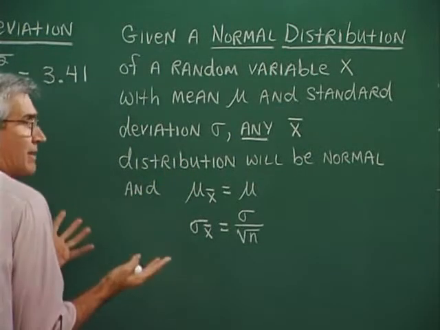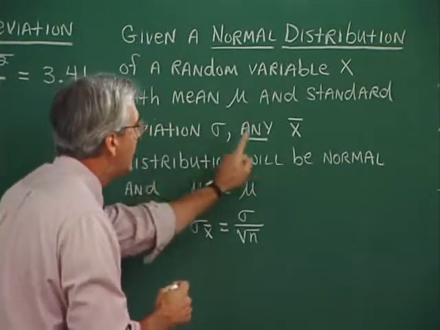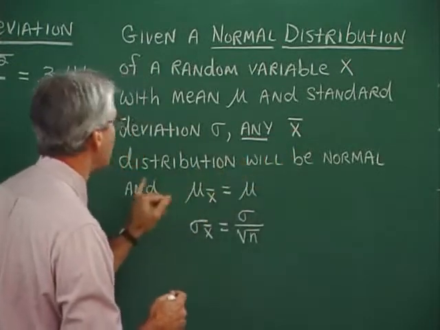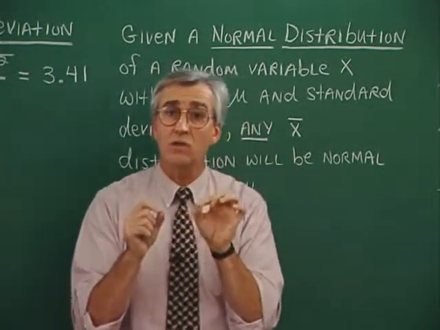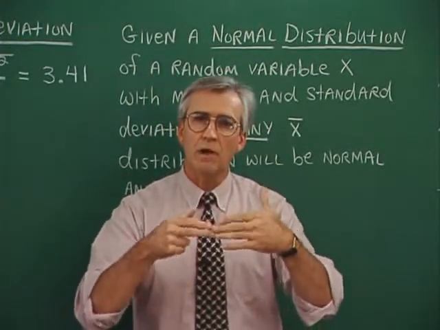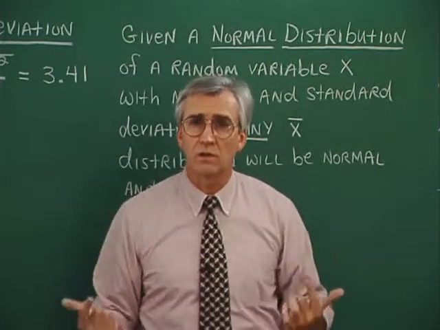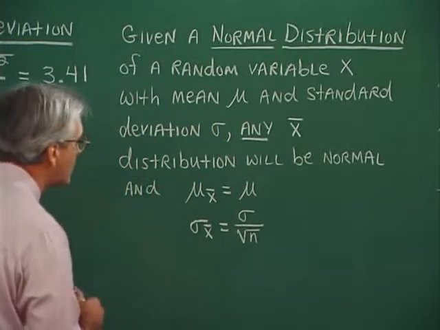All right, that's kind of important, that any distribution of sample means will be a normal distribution. That's important because it allows us to use the probability values that we associate with the normal curve.